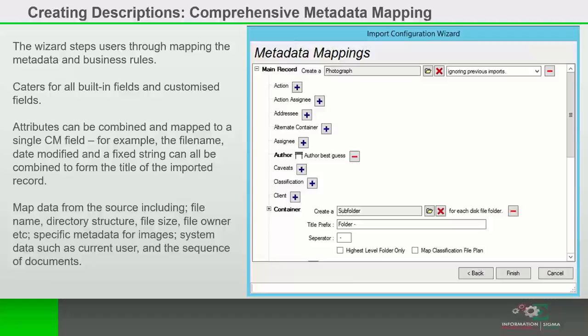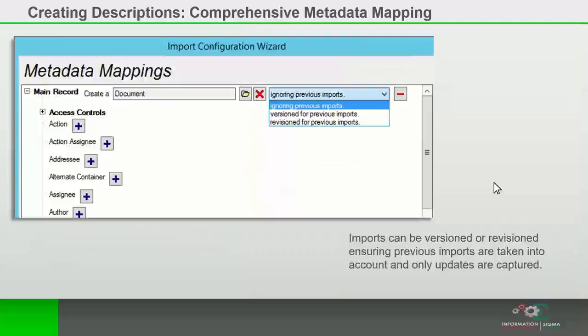For example, you can use the file name, date modified, and a fixed string to create the title of the imported record. You can map data from the source, including things like file size, directory structure, current user, etc. One of the other things you can do is version or revision your imports.